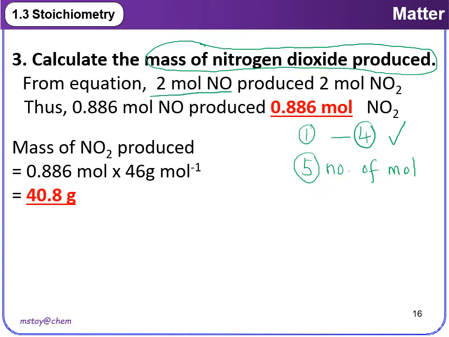Always choose the limiting reactant after we identify it. So now we will compare NO with NO2, and then we will get the number of mole of NO2, and then in step number 5, we do the calculation to find out the mass of NO2.